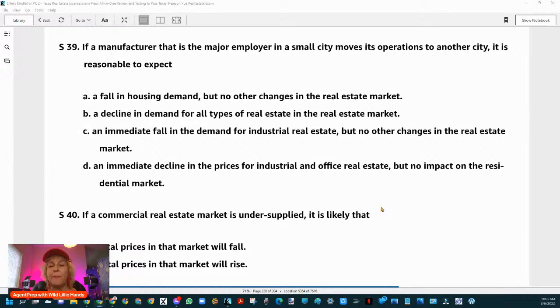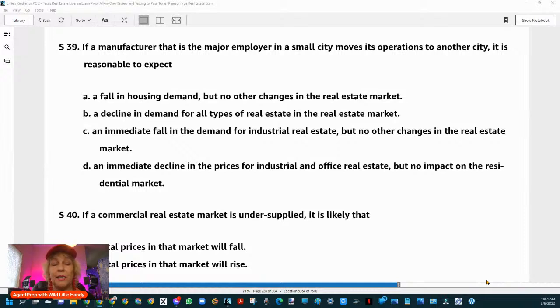39. If a manufacturer that is the major employer in a small city moves its operation to another city, it is reasonable to expect what? A, a fall in housing demand, but no other changes in the real estate market. B, a decline in demand for all types of real estate in the real estate market. C, an immediate fall in the demand for industrial real estate, but no other changes in the real estate market.